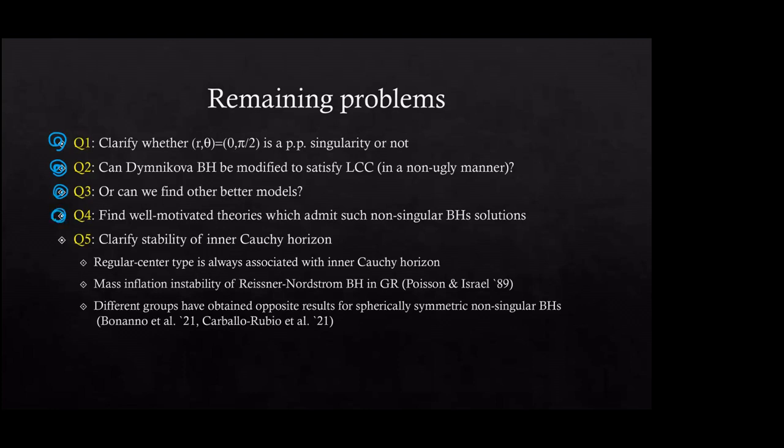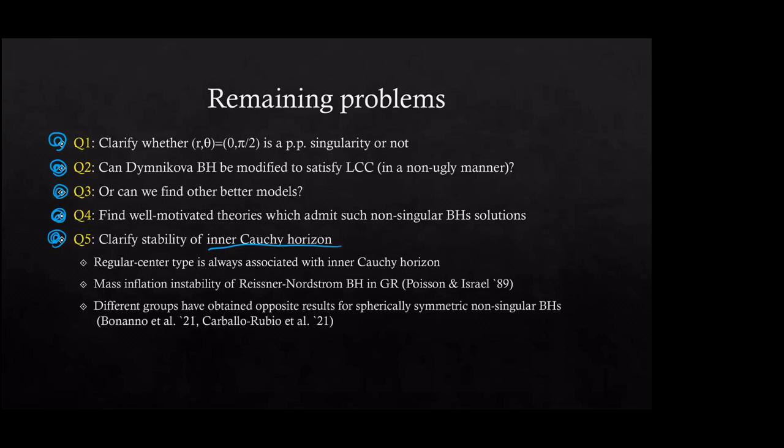And of course, such non-singular black hole space-time should be a solution. So we should find well-motivated theories which admit such non-singular black hole solutions. And also, because this class of non-singular black holes always has the inner horizon, there appears a problem of mass inflation.